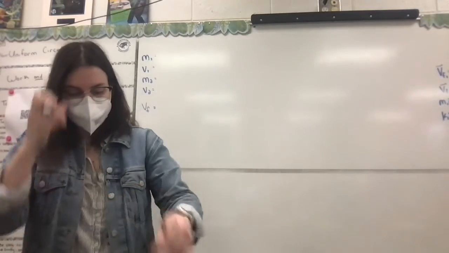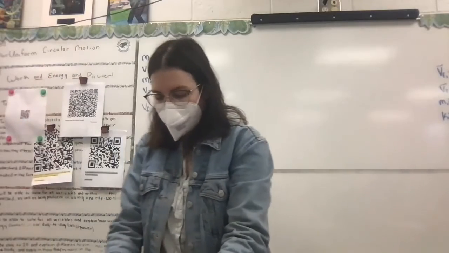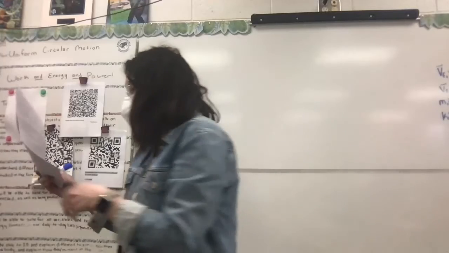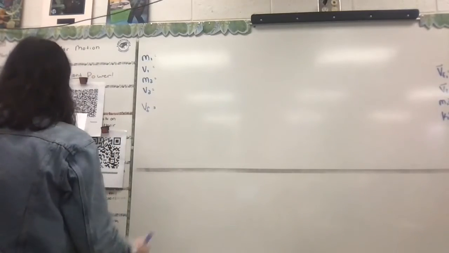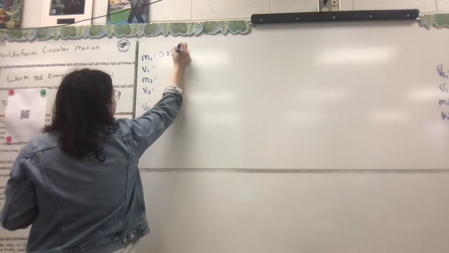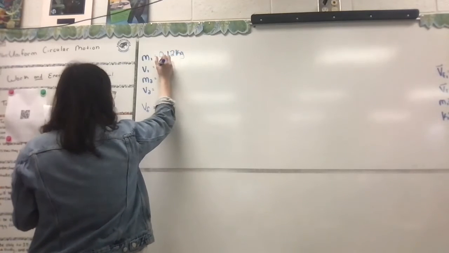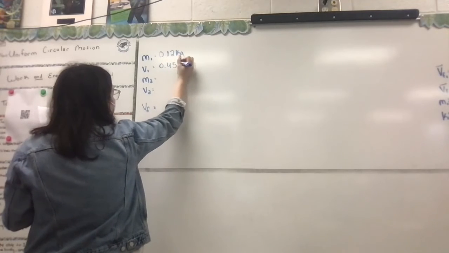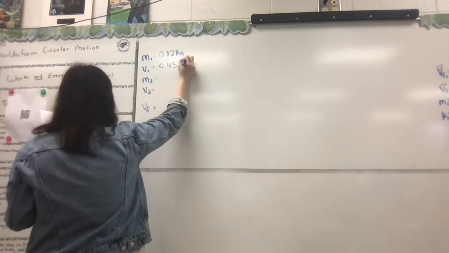Okay, number 9. We have a cart with a mass of 0.12 kilograms moving with a speed of 0.45 meters per second. So our mass 1 is 0.12 kilograms. Our velocity for the first one, 0.45 meters per second.